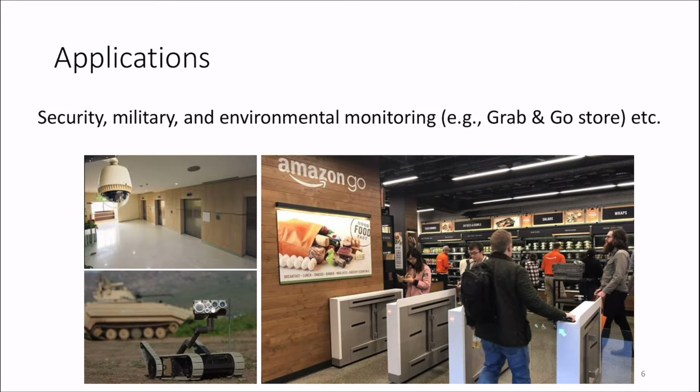After you scan your Amazon Go entrance card, you can get access to this shopping environment, and you can grab whatever products and directly put them into your pockets or backpack, and nobody will say, okay, that man is stealing something from the store. After you finish shopping, you can directly leave. You don't need to wait in the payment line.